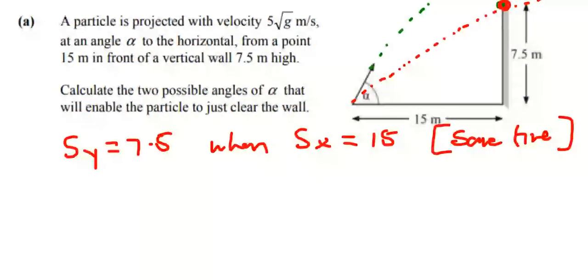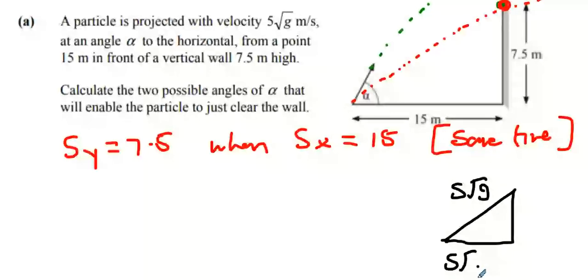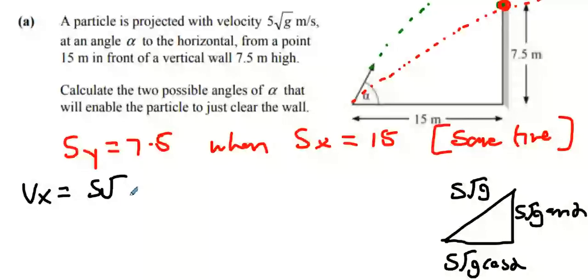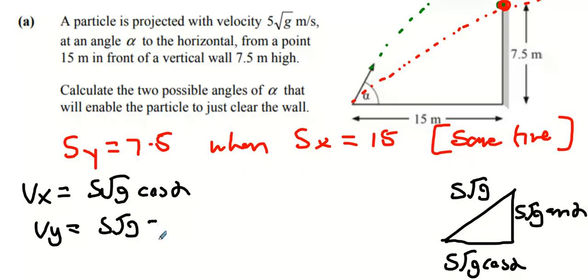So let's begin. We have 5 root g. So what's that make this part here? 5 root g cos A, and then 5 root g sine A. So let's go for Vx. What's Vx? 5 root g cos A. Vy? 5 root g sine A minus gt.